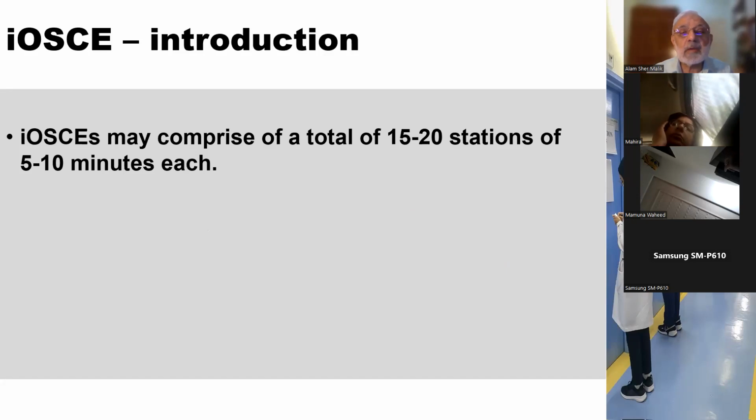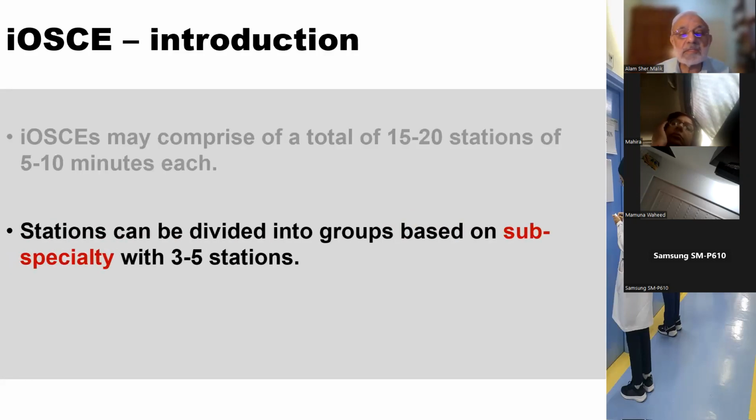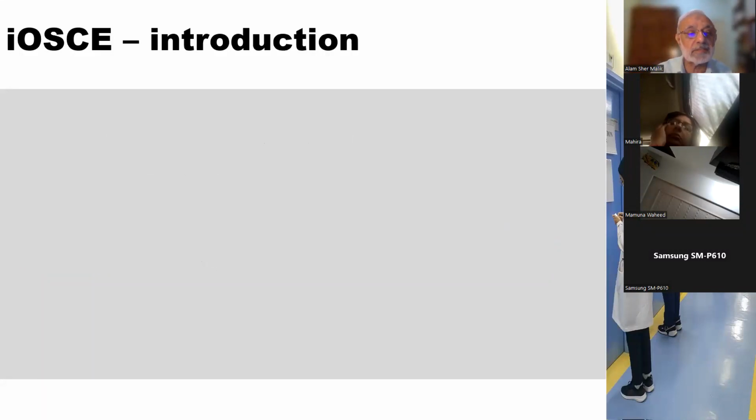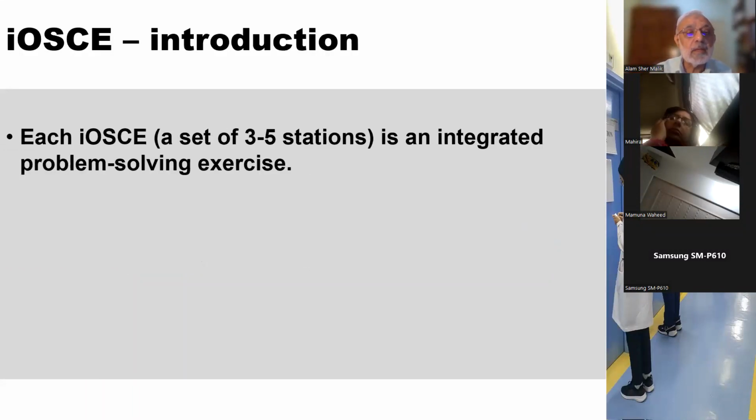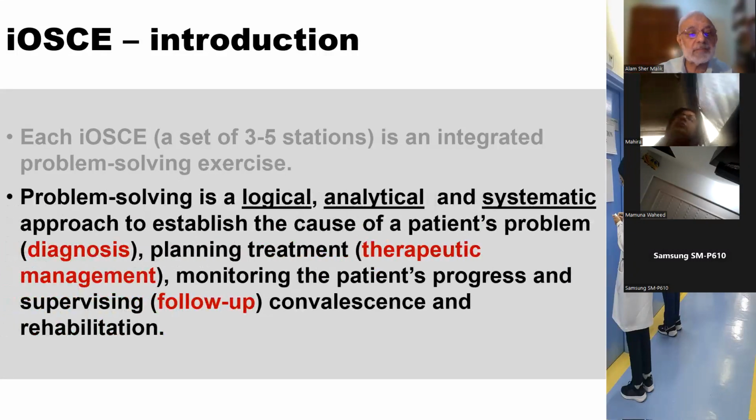Integrated OSCE may comprise of a total of 15 to 20 stations of 5 to 10 minutes each, and these stations are subdivided according to the subspecialty in 3 to 5 stations, mean that each integrated OSCE may have 4 or 5 stations. Each integrated OSCE, that is a set of 3 to 5 stations, is an integrated problem-solving exercise.